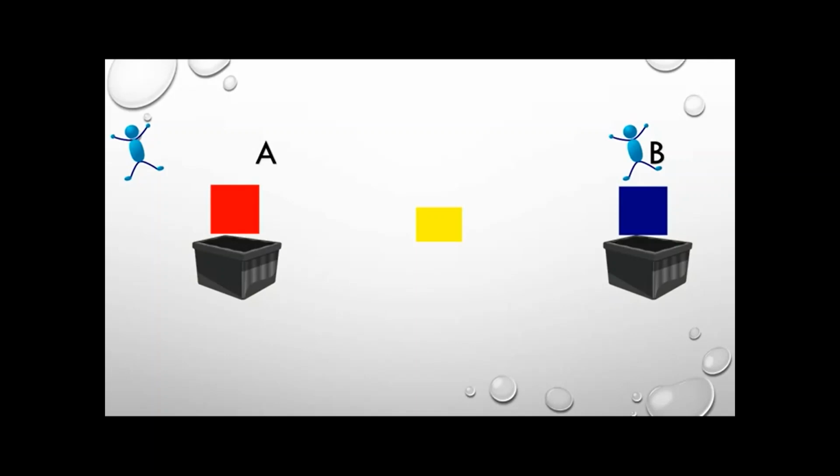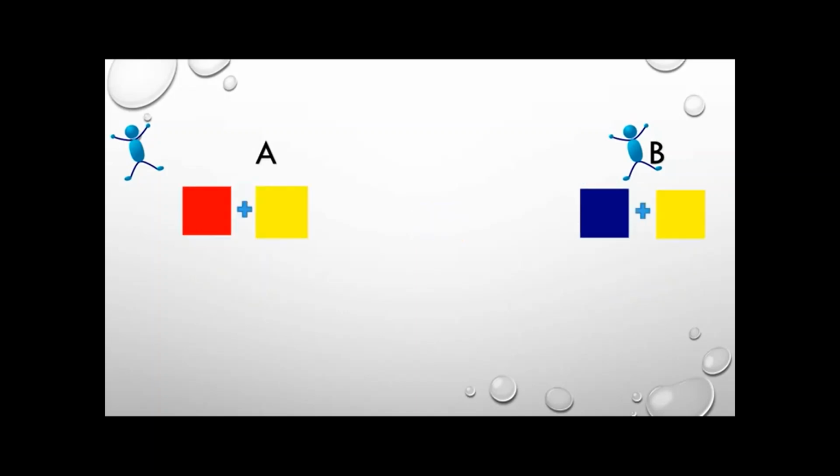But they want to reach a consensus so that the message they both have is the same. So how we can use this is, A and B both mix the color yellow that is publicly available into their private colors. A mixes red with yellow and B mixes blue with yellow. It results in some color.